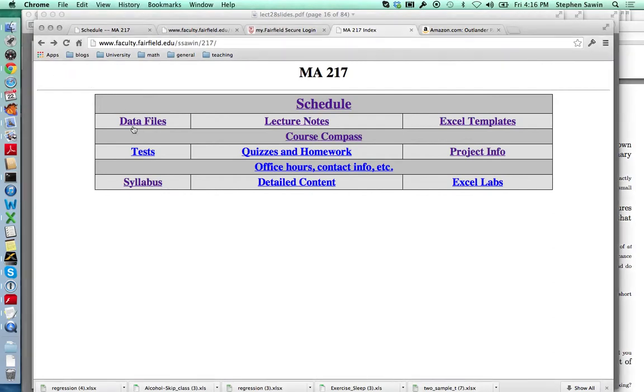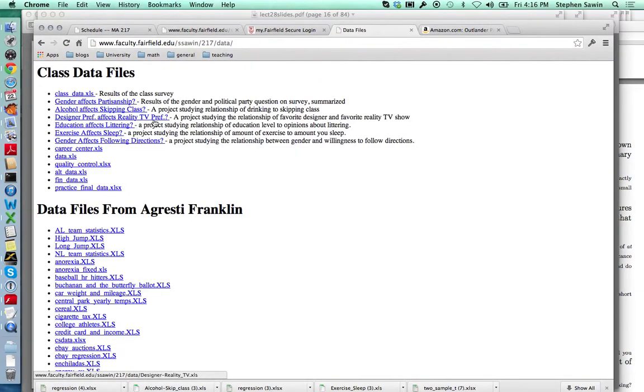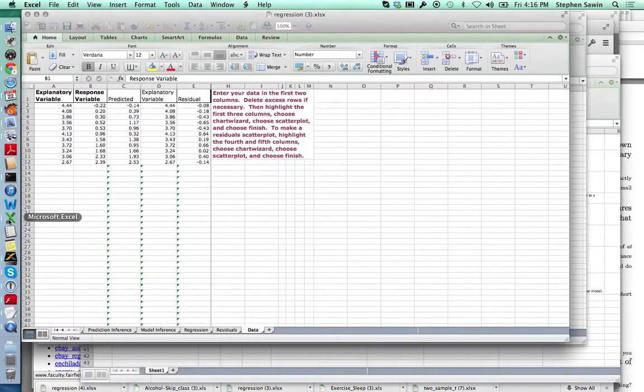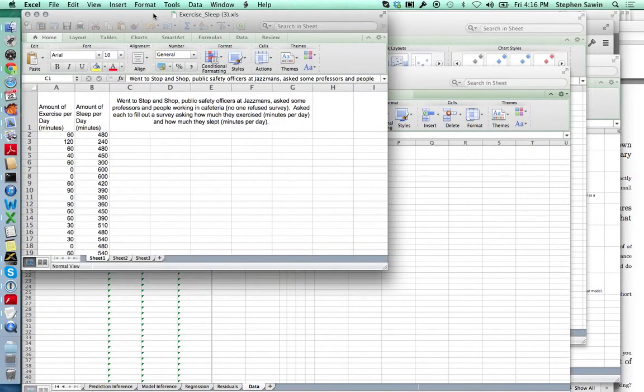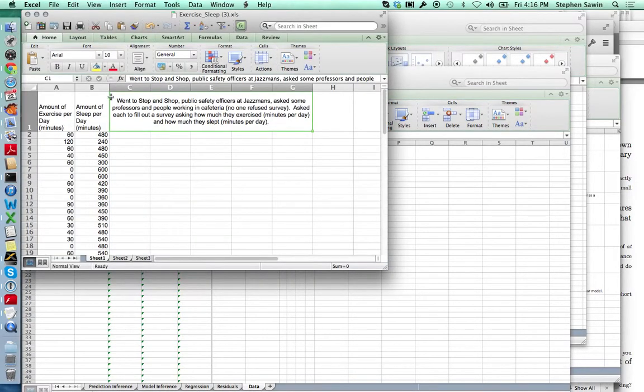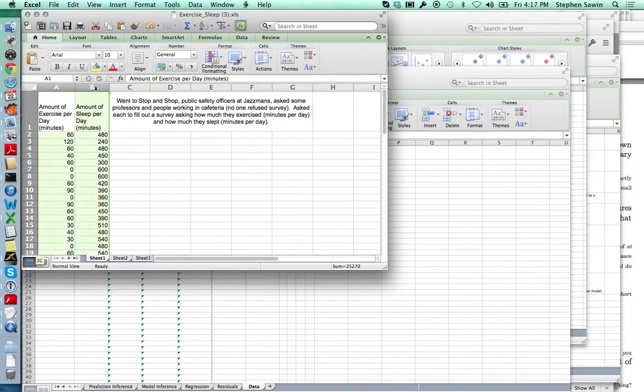On my website, we will first go to Data Files, and we will click on Exercise Affects Sleep, and I've already opened that up because I've been having such trouble with the speed of my computer during these. And we've got 2 variables, amount of exercise and amount of sleep. Exercise is the explanatory, because that's what we're thinking of as affecting sleep, and that's already first, so we can just copy these 2 columns.